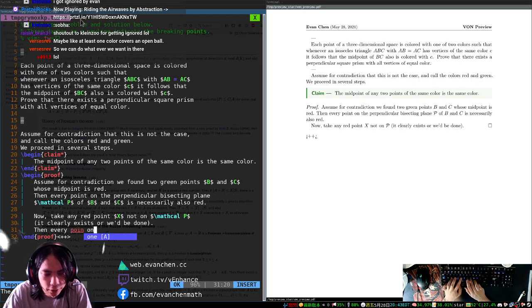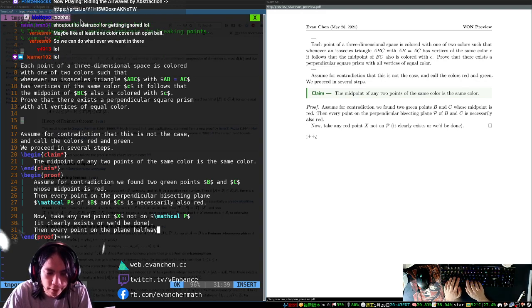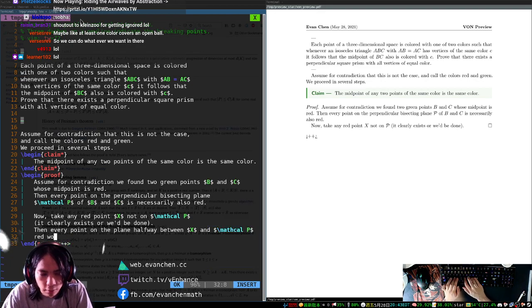Every point on the plane halfway between X and P would be red too.